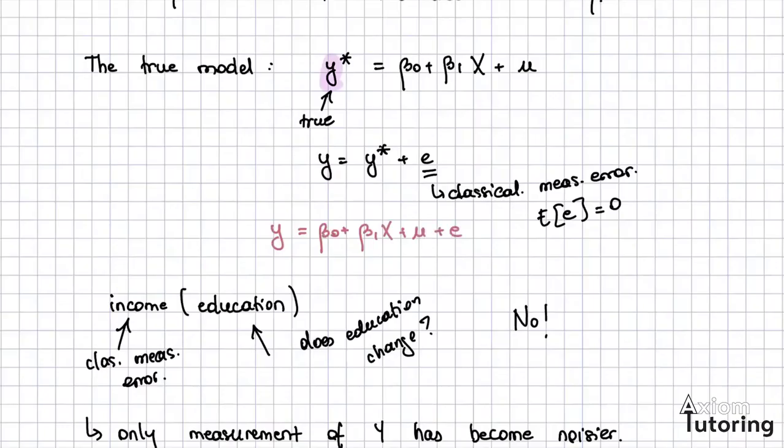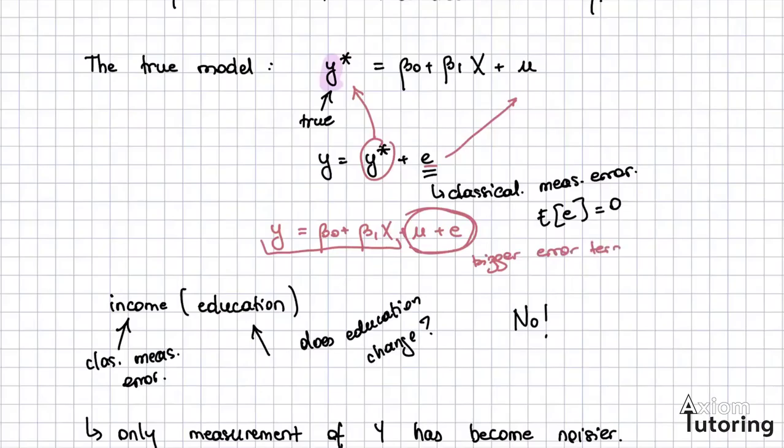Because I would have substituted this Y star here based on this expression, and I would literally just send this to the other side, okay? So look what's happening in here. There's nothing that has changed on this side. The only thing that has changed is that now I have a bigger error term, okay?